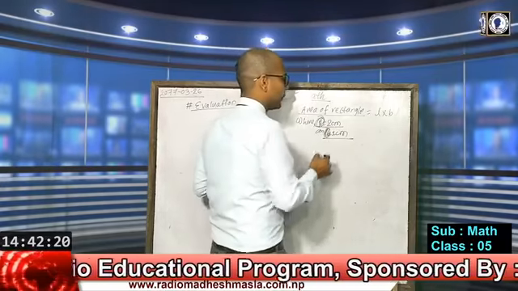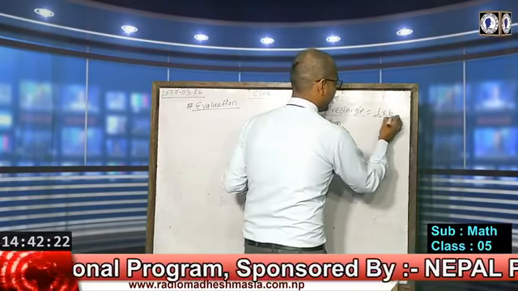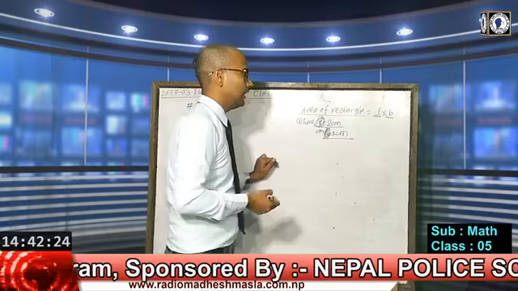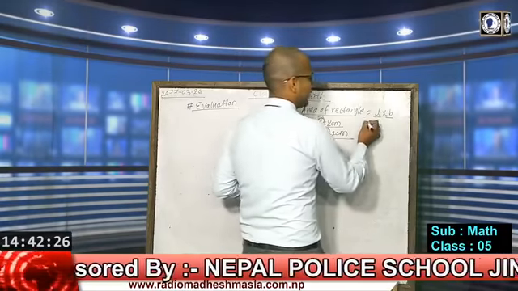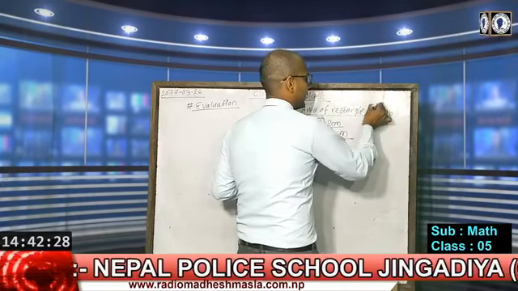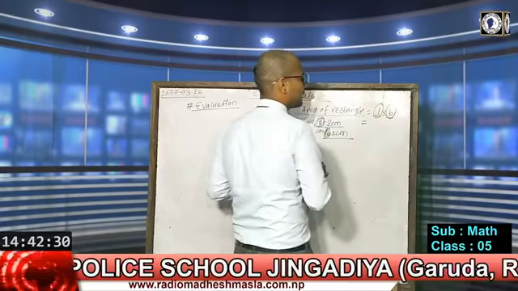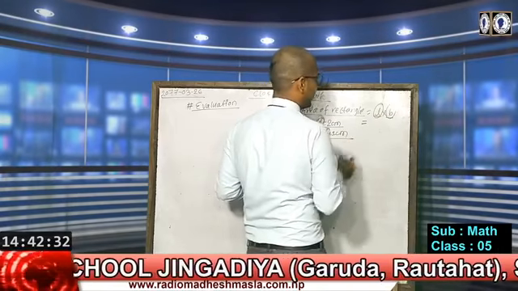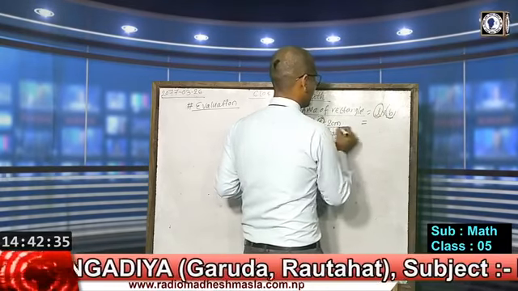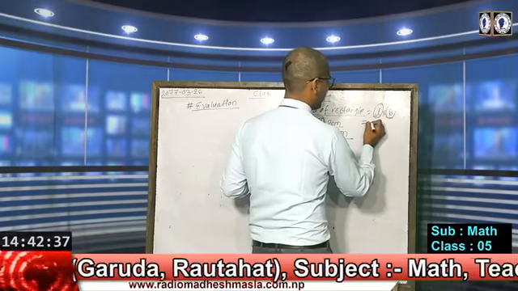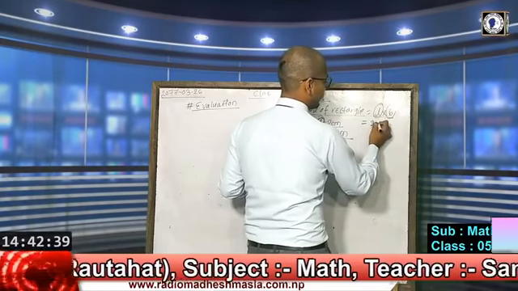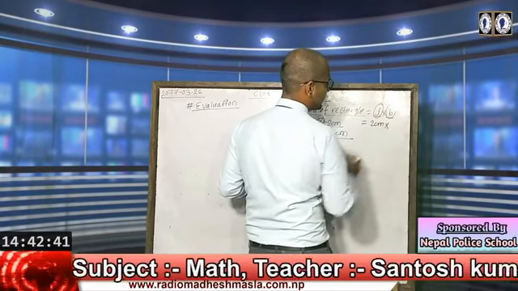So to find the area of the rectangle, we just replace the values of L and B at the places where L and B are lying. At the place of L, we use 2 centimeters, and there is a multiplication sign, so multiply.